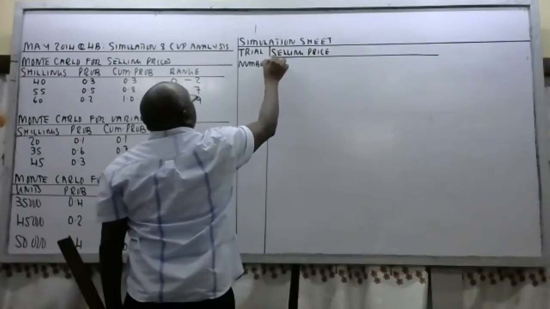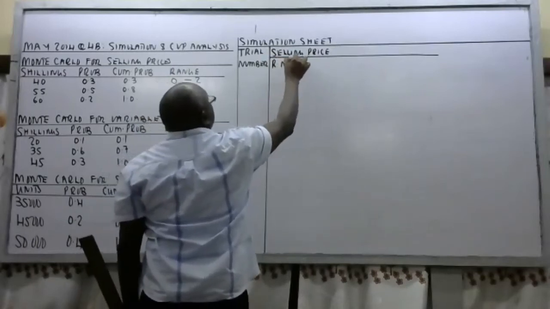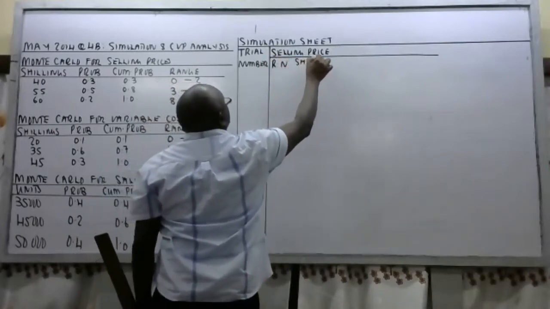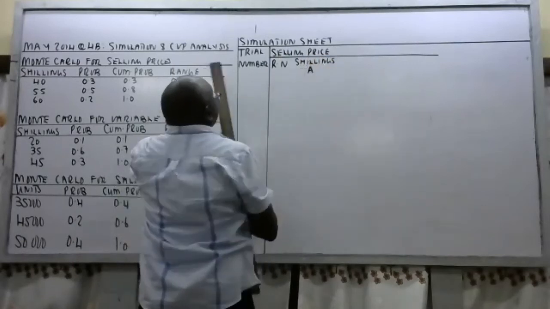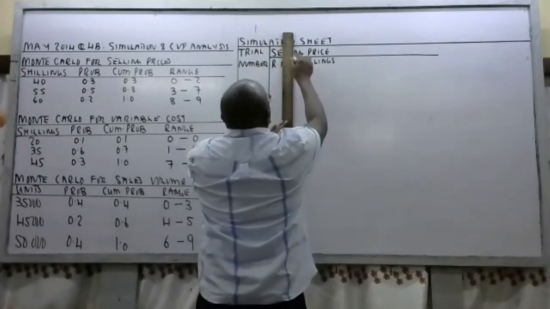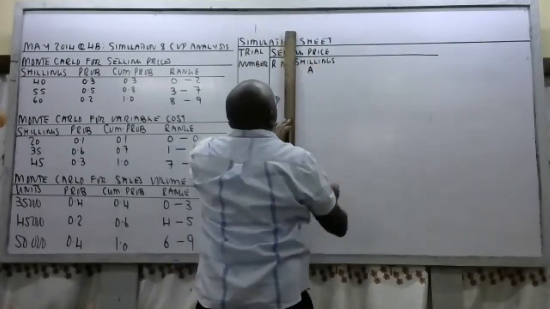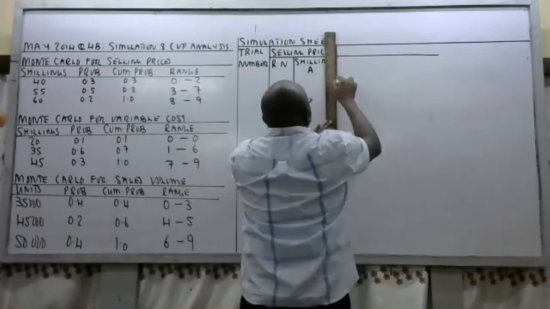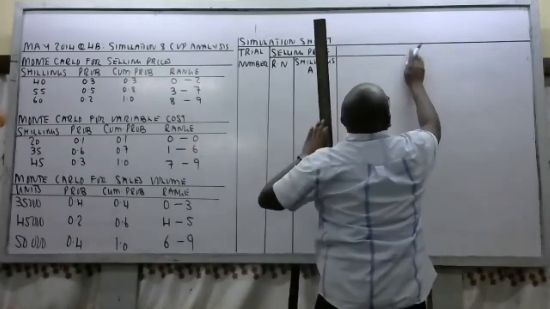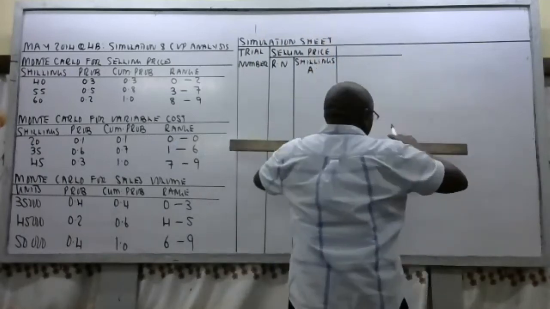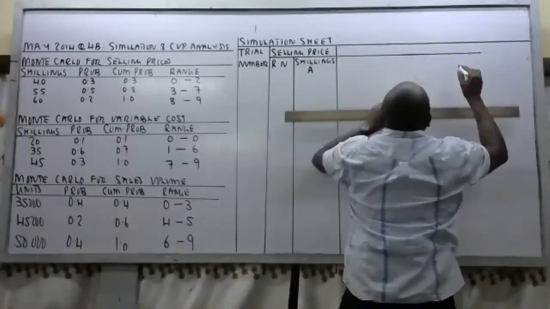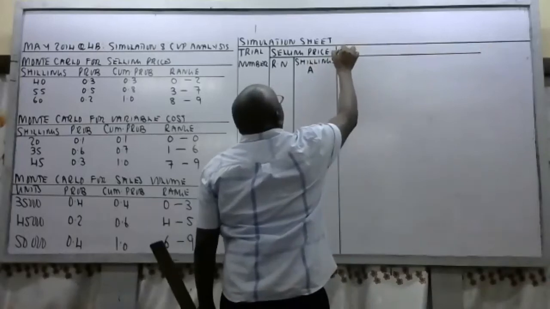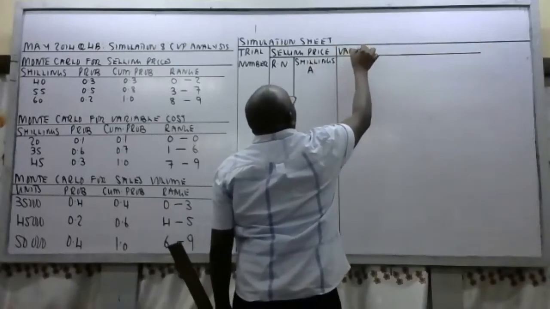Selling price, I will have the random number and then shillings, which I want to designate as A. Then I have variable costs.